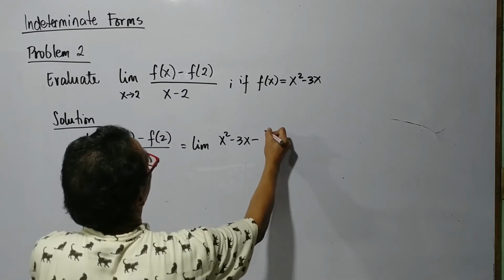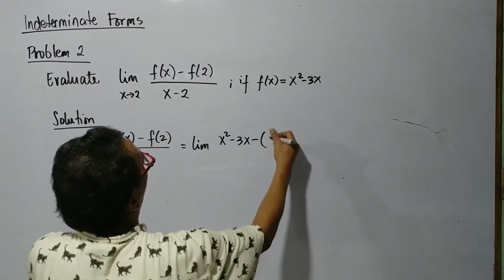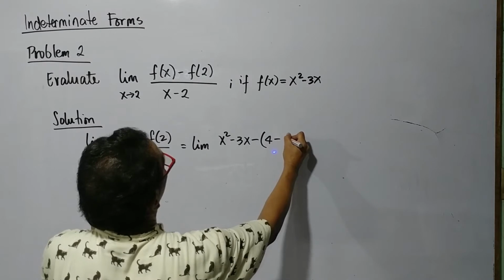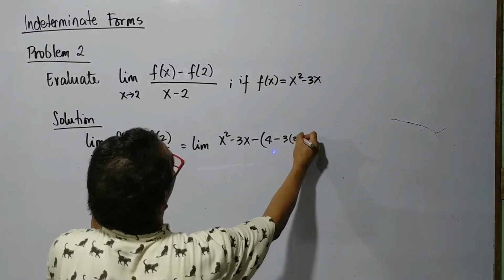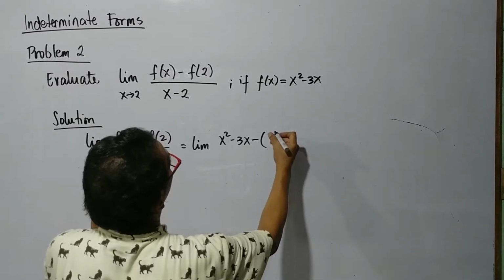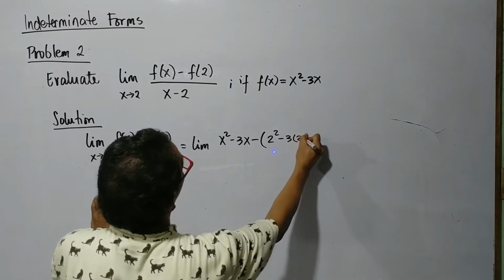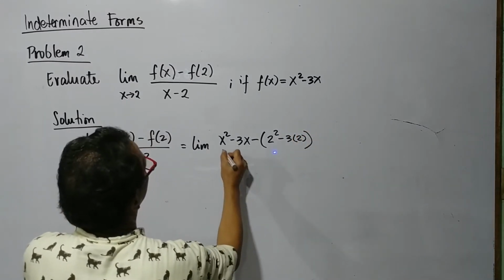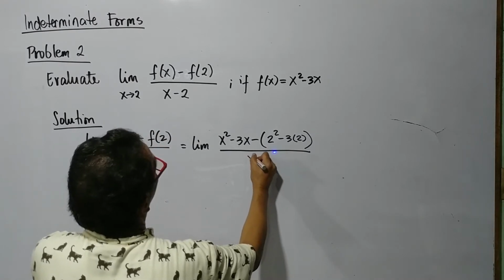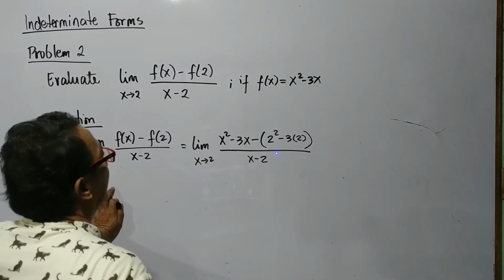Then substitute 2 for x here. So we have 4 minus 3 times 2. Okay, we have 2 squared minus 3 times 2, all over x minus 2 as x approaches 2.